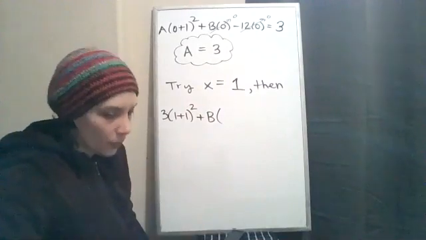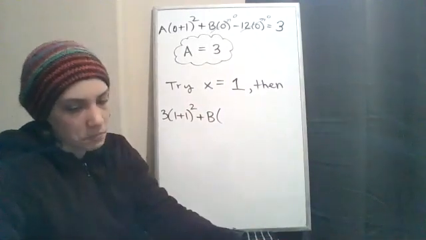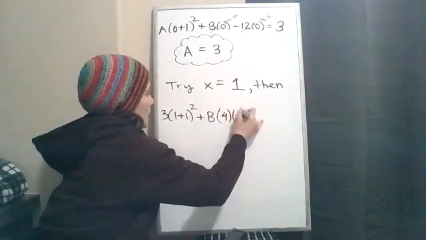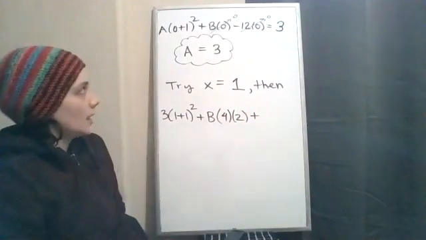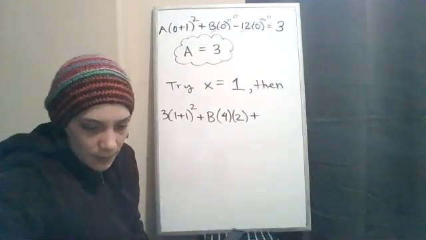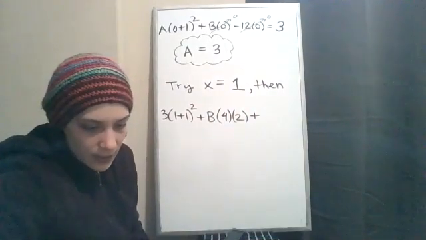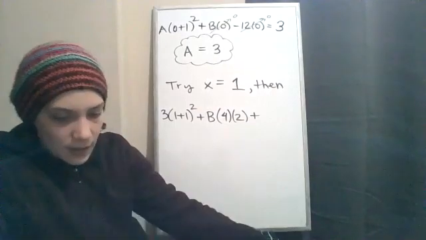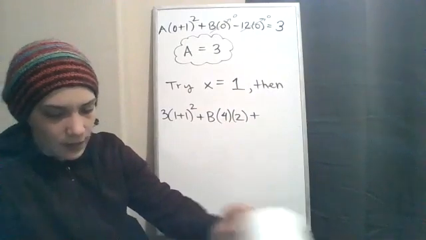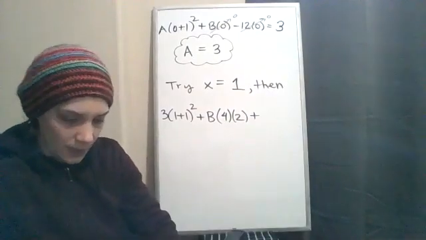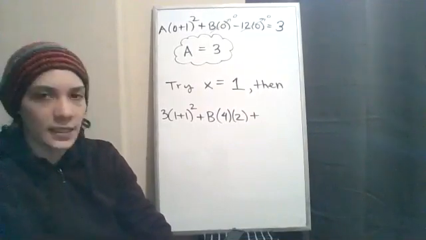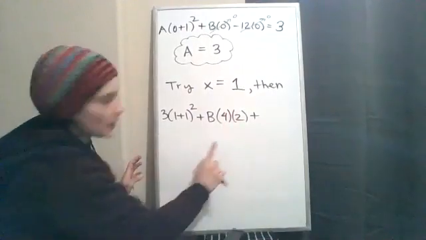B times 4 times 2. Add C, which we already know is -3. C is -3, and it was multiplied by 4, and we're putting in 1. So this is going to be -12.